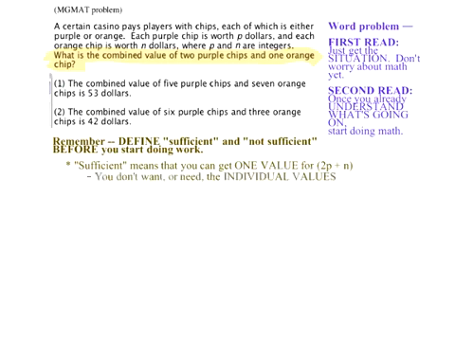That's very important. So that's what sufficient means. And not sufficient means that you can get more than one value, meaning that 2p plus n can have two or more different values. Okay, so let's go ahead and look at these statements.